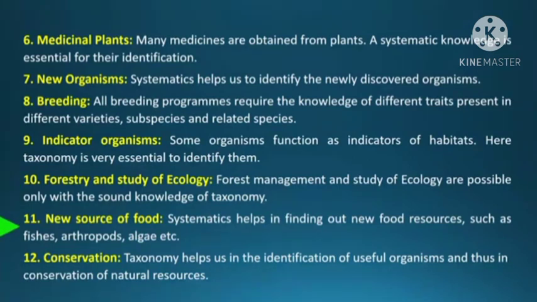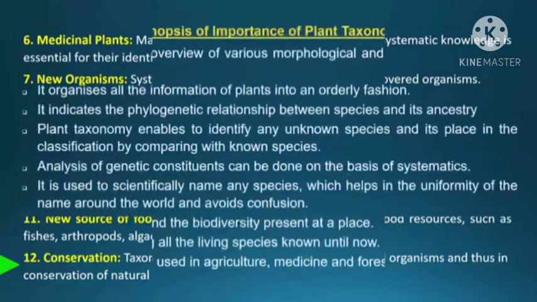Systematics helps in finding out new food resources such as fishes, arthropods, algae, etc. The next one is a very important topic, the importance of taxonomy in conservation. In case of conservation, taxonomy helps us in the identification of useful organisms and thus in conservation of natural resources.